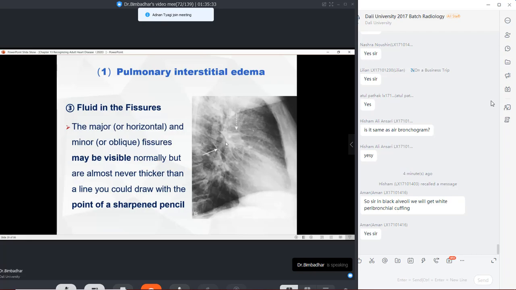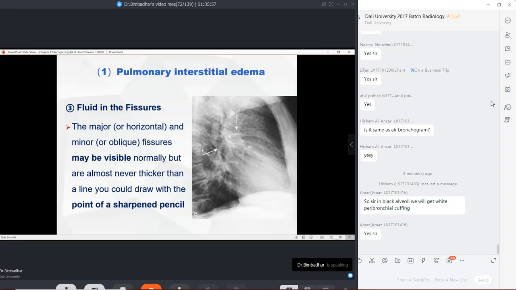The next one is that we also learned about the fluid in the fissures. If there is accumulation of fluid within the parietal and visceral layers, along and between the lobes, so the fissure, either the major fissure or the minor fissure, the oblique fissure or the horizontal fissure, it becomes a thick line.